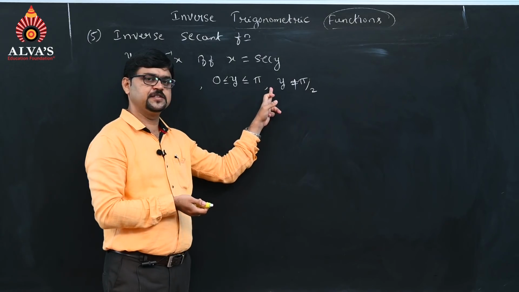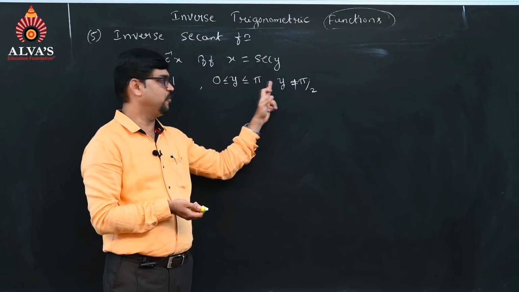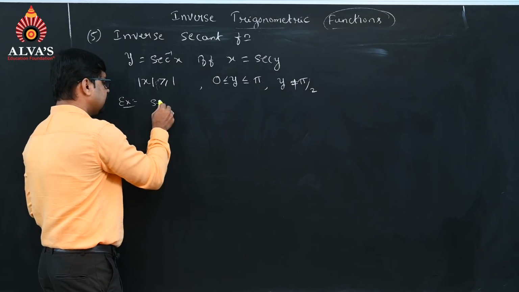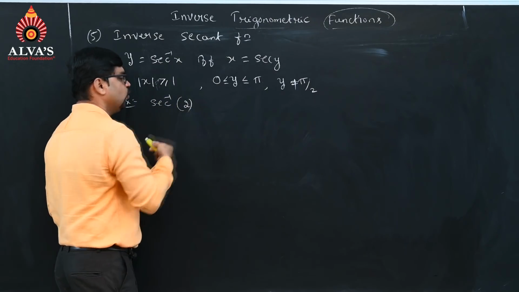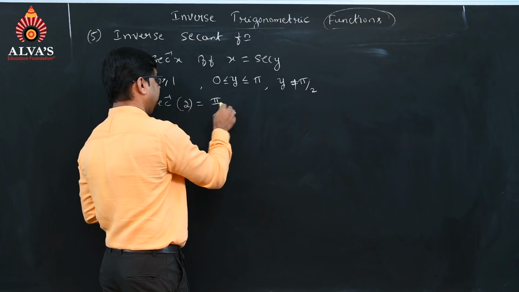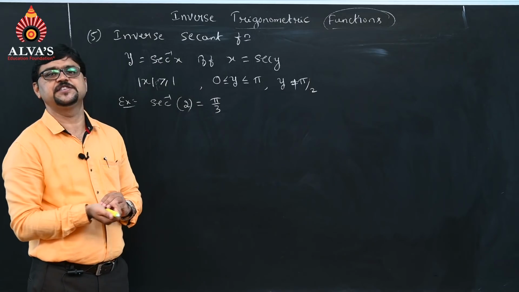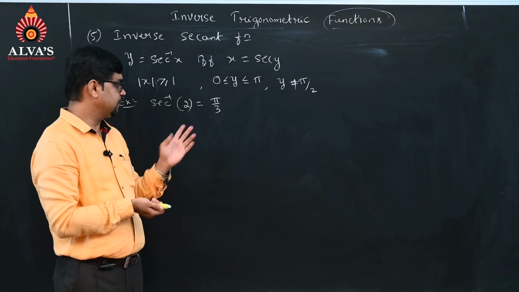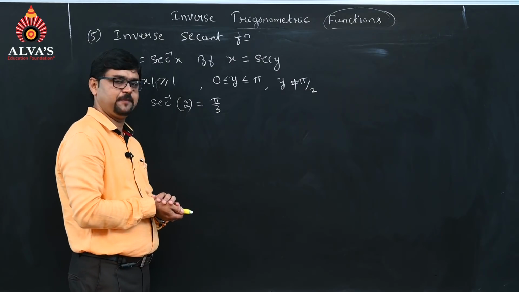So in the range you can write the closed interval 0 to pi except pi by 2. For example, secant inverse of 2 we can write as pi by 3. Cos 60 degrees is 1 by 2, its reciprocal is secant 2, therefore the answer is pi by 3.